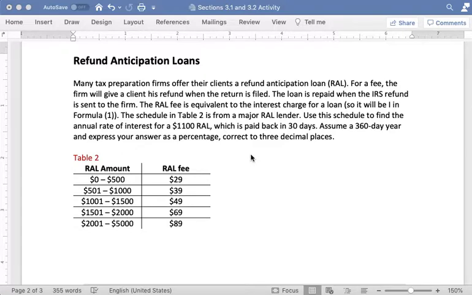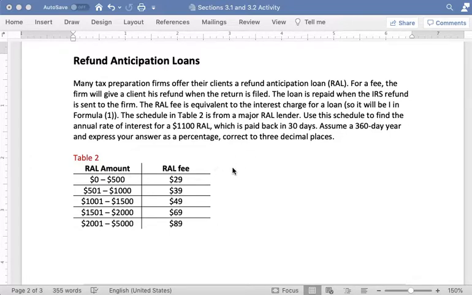But we're going to see in this example why it's not such a good idea to take a refund anticipation loan. So you're paying a fee to get your refund when your return is filed, and then the loan is repaid when the IRS refund is sent to the firm. So they're giving you the money, and then the IRS is sending them your refund.